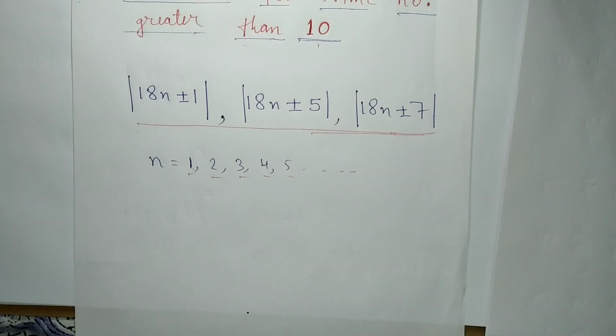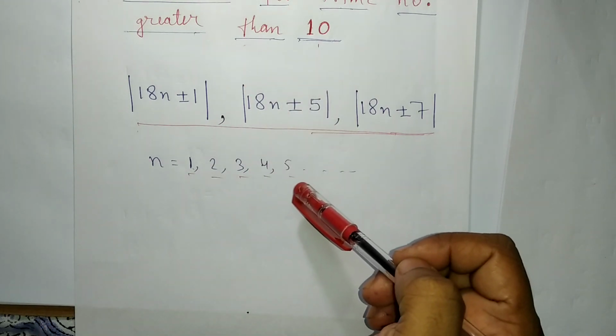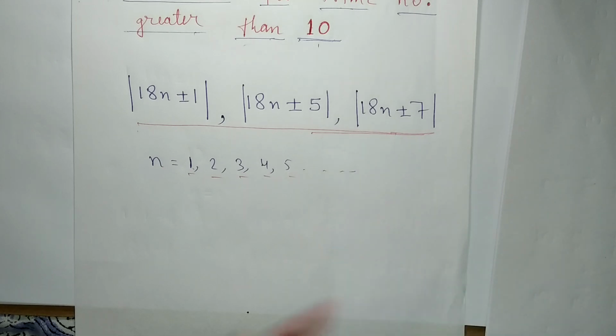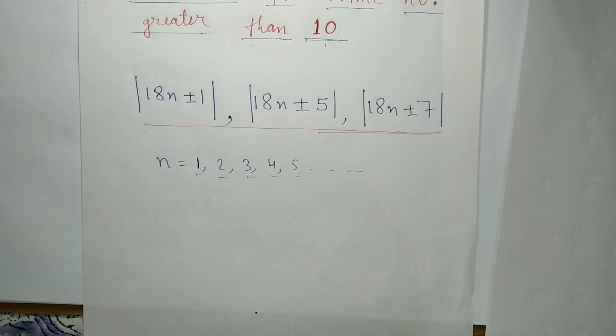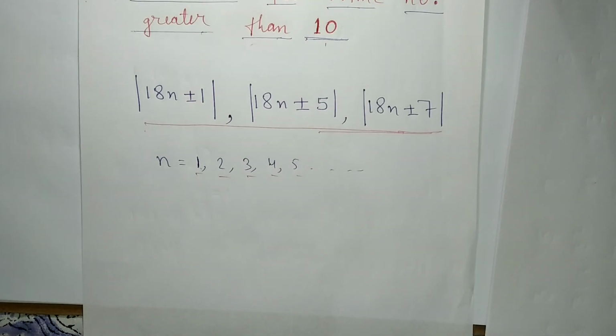So for higher numbers like 10, 11, 12, 13, 14, it is also applicable. So viewers can check and can use this formula for getting primes.